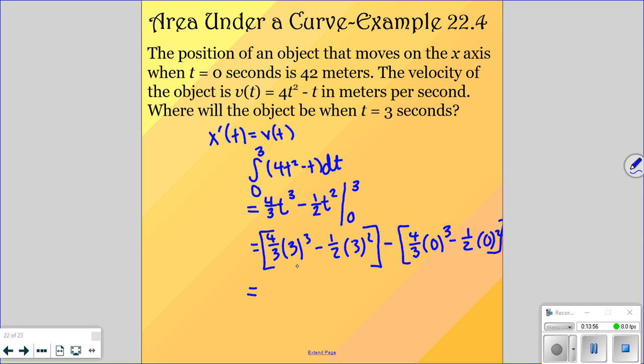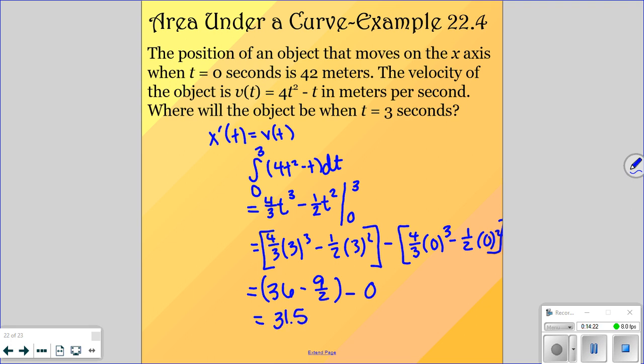So 4/3 times 3 cubed is going to be 36 minus 9/2 minus 0 minus 0. So both of those terms are 0. So 36 minus 9/2 is 31.5.